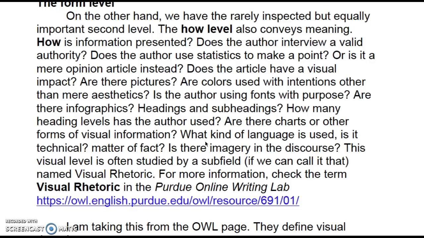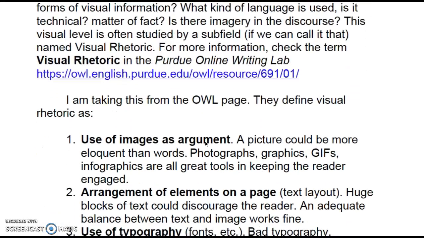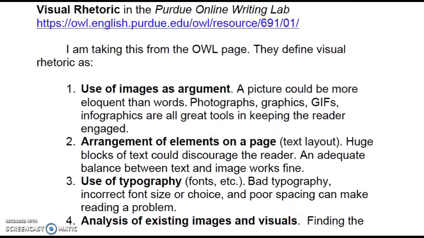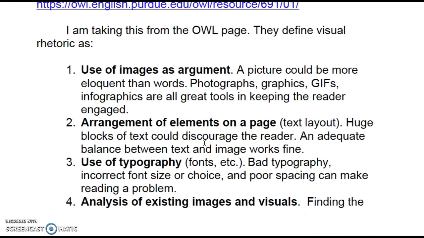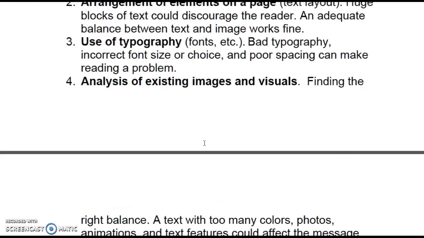Visual rhetoric is defined as using images as arguments, arranging elements on a page, the text layout to give you information, the typography that is used, the fonts that are used. So I am covering all this in this resource.